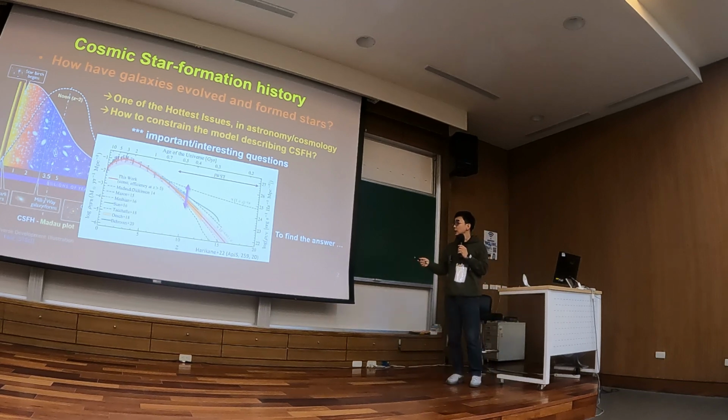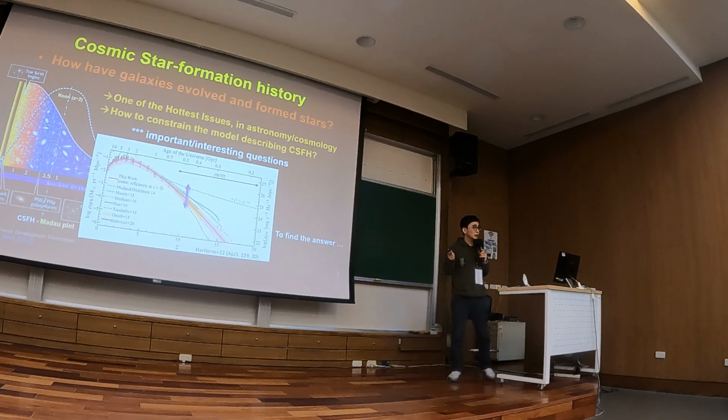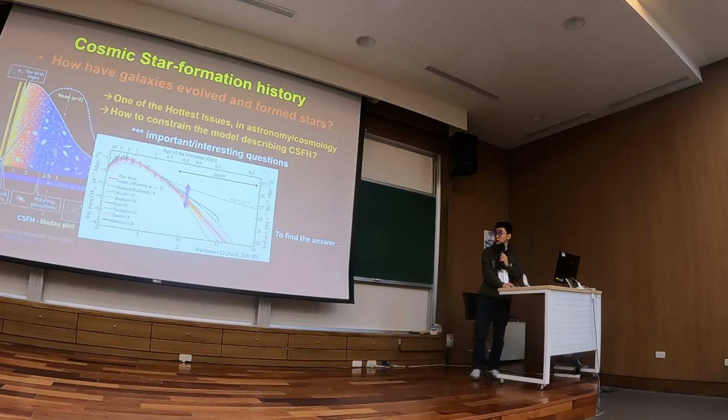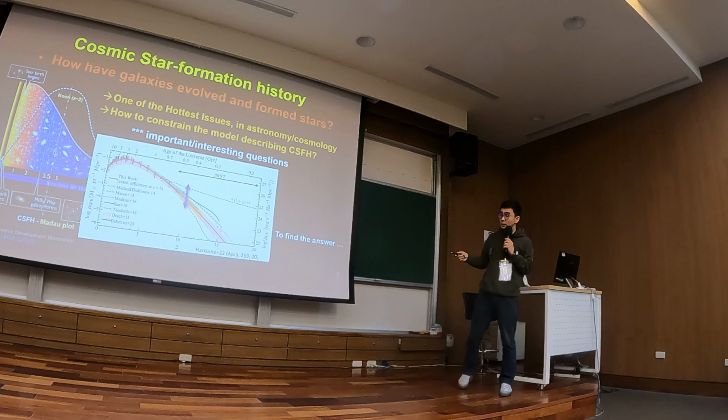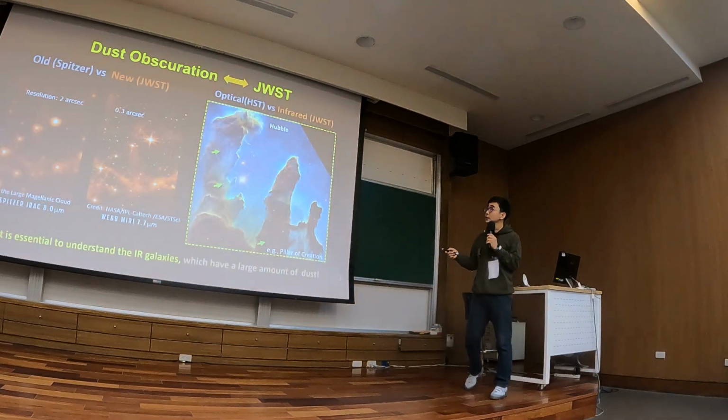So, to find the answer to these kinds of questions, we need to see the distant galaxies in the early universe. But our current observations have been mostly relying on the optical bands, which are strongly affected by dust obscuration. So we need an infrared telescope.